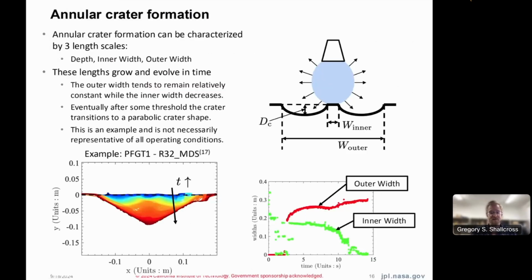So here I'm just showing an example from PFGT1, from one of the runs, it should be R34MDS, where you actually have a transition in time from an annular crater shape, showing that wavy W shape in blue, to a parabolic shape. So one thing is that you have a transition of different regimes where crater width will grow in time, depending upon if you're talking about inner crater or outer crater, which will evolve as a function of the granular behavior. Next slide.